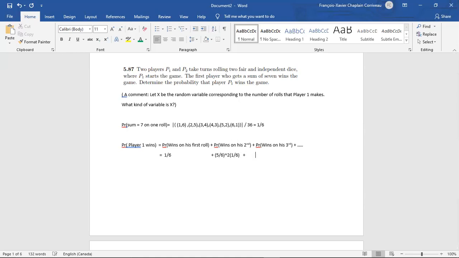What about his third toss? If he went to the third toss, both players failed on the first round, and both failed on the second round. At the beginning of the third round, player 1 succeeds. How many failures does that make? That makes 4 failures followed by a success.